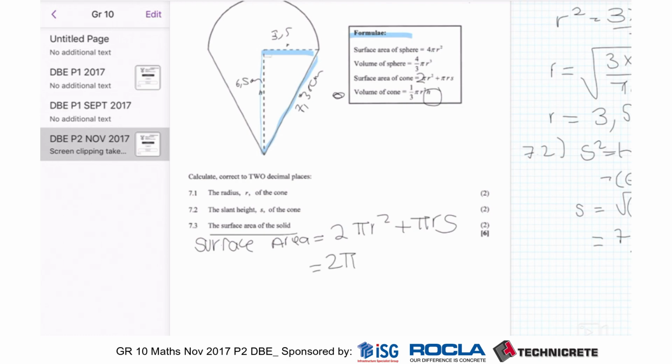Okay, so 2 pi 3.5 squared plus pi 3.5, s was 7.38. Put it all into your calculator, and we should get an answer of 158.12 centimeters squared. Centimeters squared, very important.